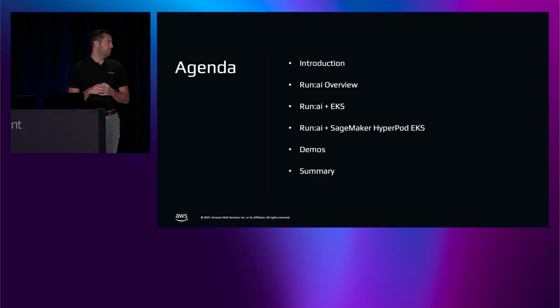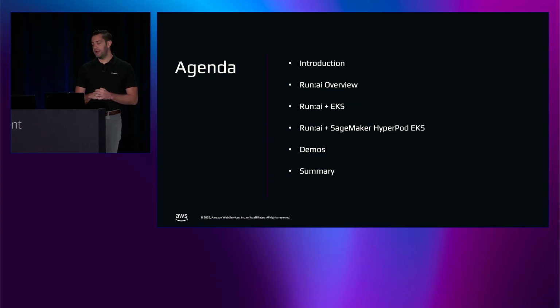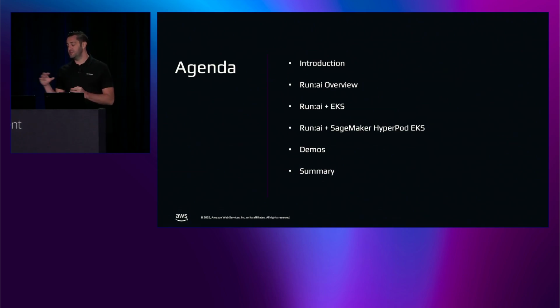So we'll start by going over a little bit of Run AI. After maybe 15, 20 minutes, you'll all be experts in what the solution can do and how it drives value for a lot of our customers today and drives the best utilization of their hardware footprint. We'll talk about how this is complemented between Run AI and EKS. Run AI is a Kubernetes-based service, but there are a lot of unique capabilities we can deliver within EKS that drive value for customers.